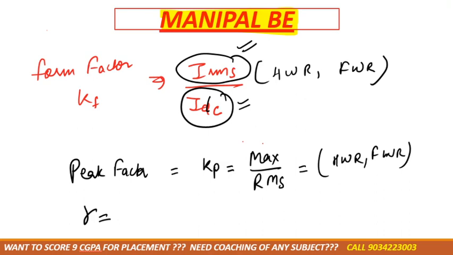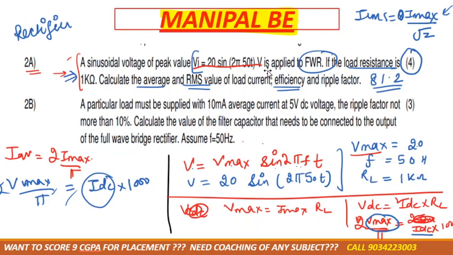So now you need to calculate the ripple factor, that is kf squared minus 1. Clear? You can get the ripple factor as well. So this is a 4 marks question: 1 for average, 1 for RMS, 1 for efficiency and 1 for ripple factor. This type of question repeats very frequently in Manipal, right?